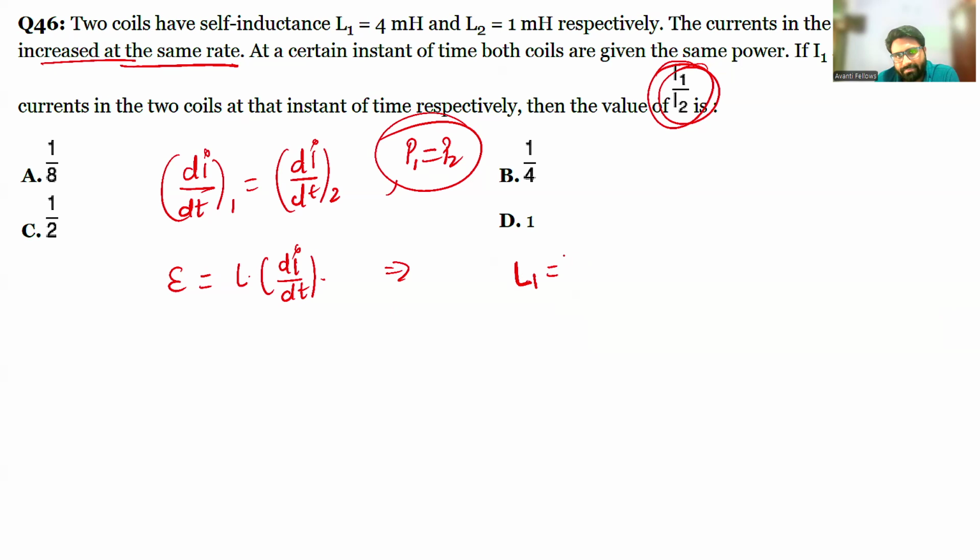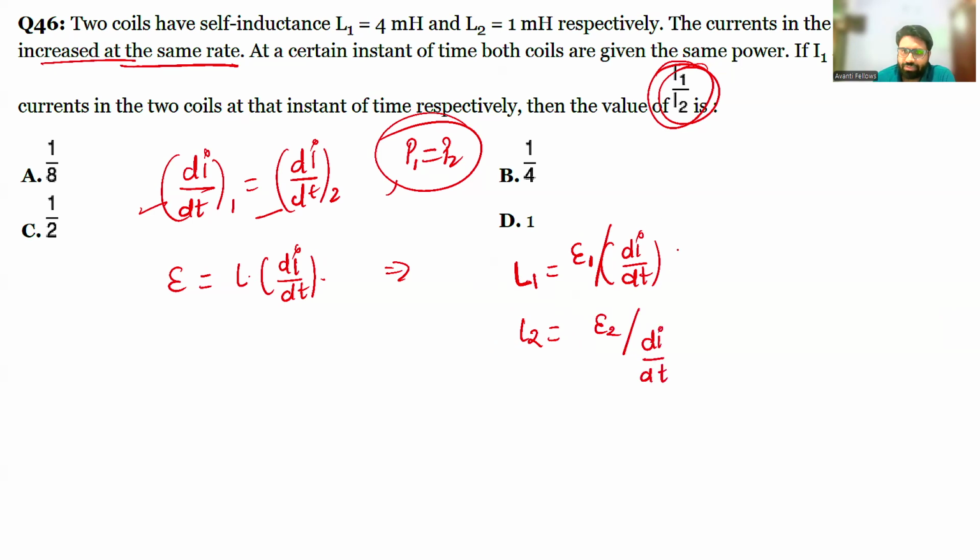So for L1, it is epsilon 1 upon di by dt. Why am I putting di by dt? Because the current rates are the same. And for L2 also, it will become epsilon 2 upon di by dt.